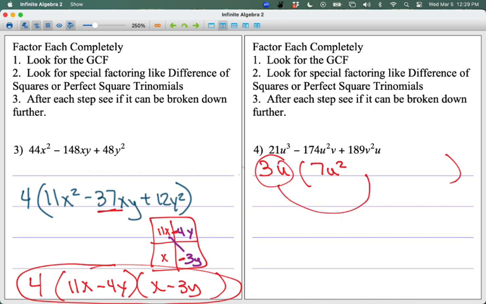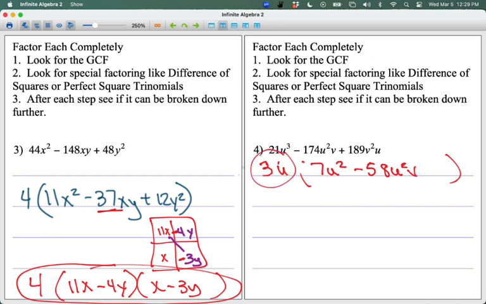3u times what gives me the 174? And when I divide that on my calculator, I get 58, with the u gives me u squared and v.